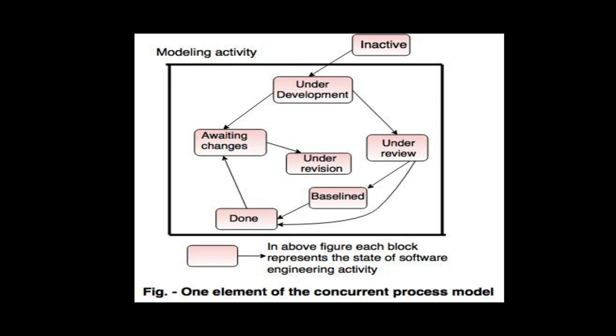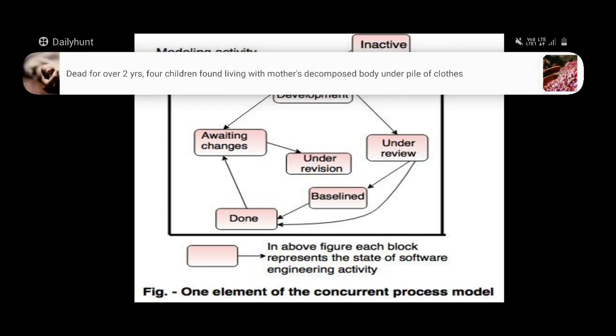Each phase is shown as an activity: under development, under review, under revision, baseline, done, and awaiting changes. Under development goes to awaiting changes, then under revision, and the baseline is done, then it goes to awaiting changes.